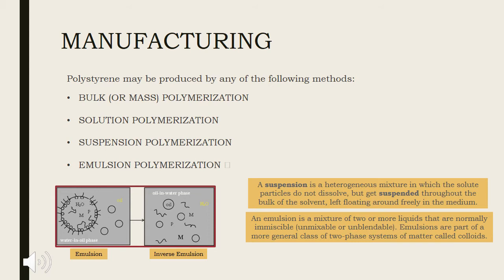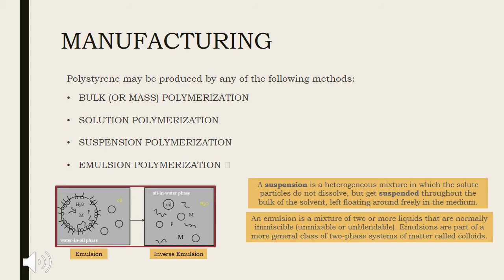The bulk and solution processes are homogeneous, taking place in one phase, whereas suspension and emulsion polymerization processes are heterogeneous, taking place in more than one phase. The bulk process is the most widely used process for polystyrene today.